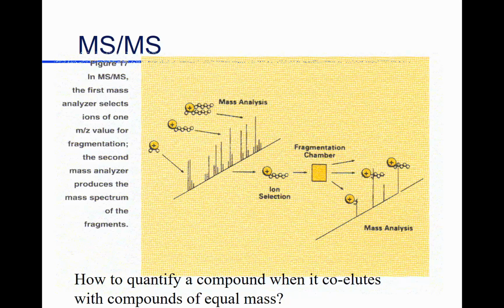We have, of course, the ability to do mass spectra on mass spectra. That may sound a little bit weird, but it goes back to this: here's a mass spectrum of a compound, and these are different masses as we go along here.